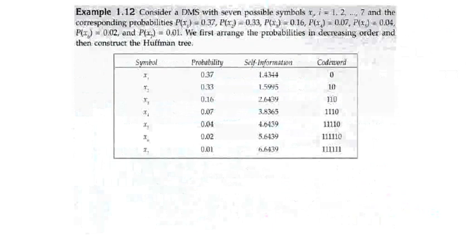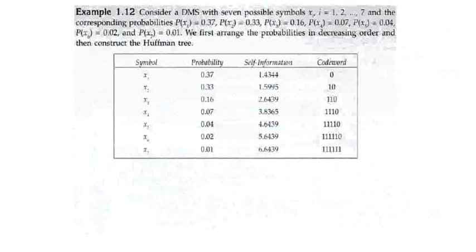Consider a discrete memoryless source with 7 possible symbols Xi, where i equals 1 to 7, and corresponding probabilities P of x1 equal to 0.37, P of x2 equal to 0.33, P of x3 equal to 0.16, P of x4 equal to 0.07, P of x5 equal to 0.04, P of x6 equal to 0.02, and P of x7 equal to 0.01.